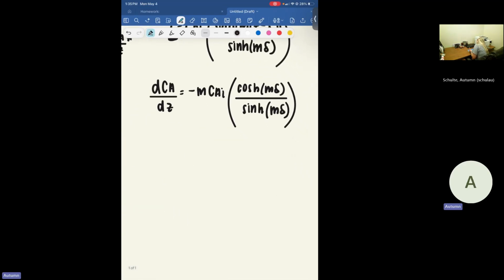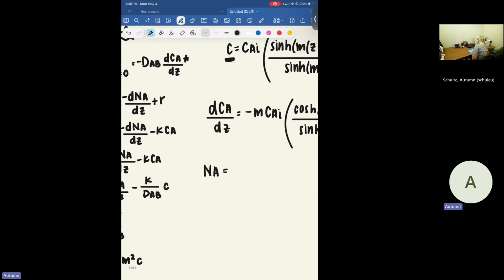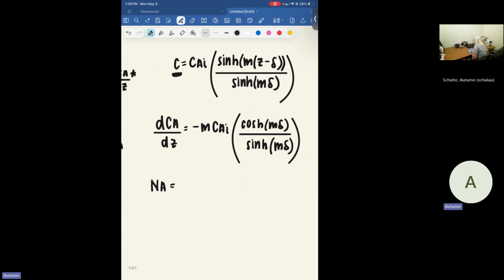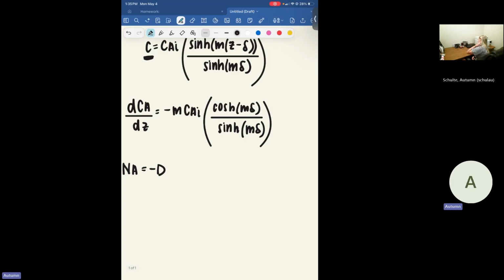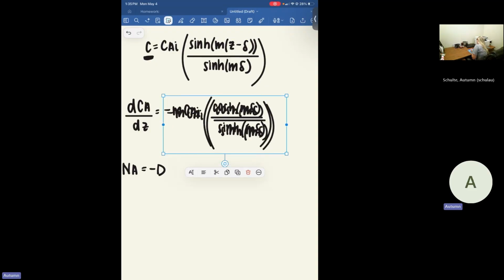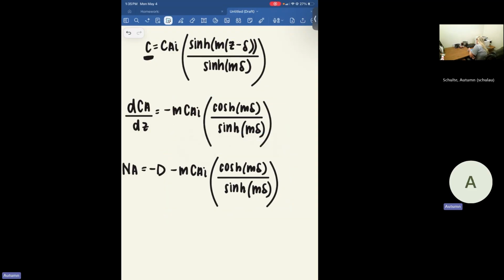So we're going to have that the molar flux of component A is equal to the negative diffusion coefficient, which I'm just going to leave as negative D, multiplied by our derivative of our concentration of A with respect to position z. So we said that this was this long equation.